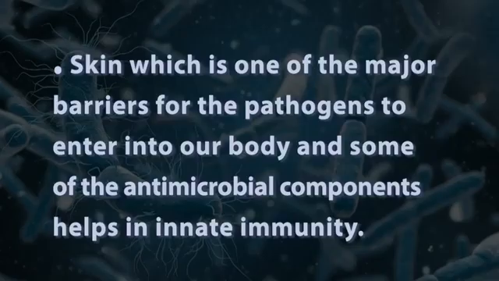They engulf the foreign bodies to kill them, called phagocytosis. Example, skin, which is one of the major barriers for the pathogens to enter into our body, and some of the antimicrobial components help in innate immunity.